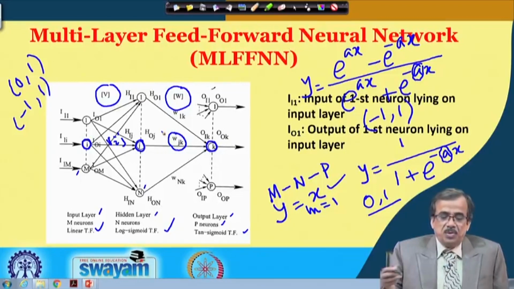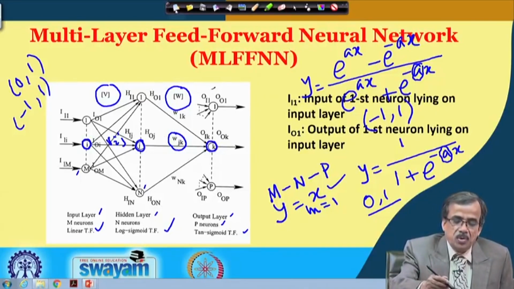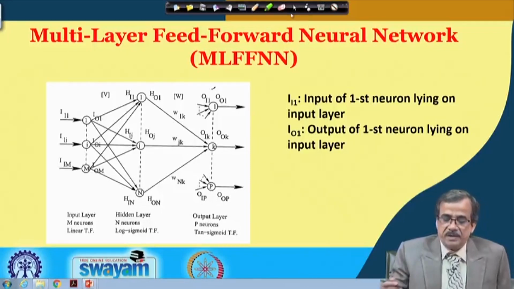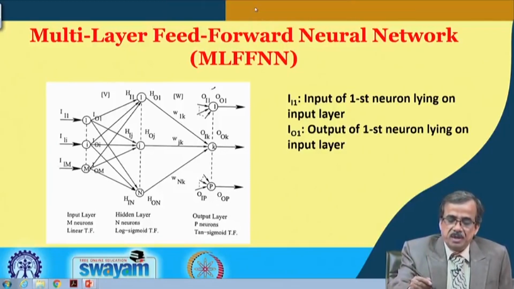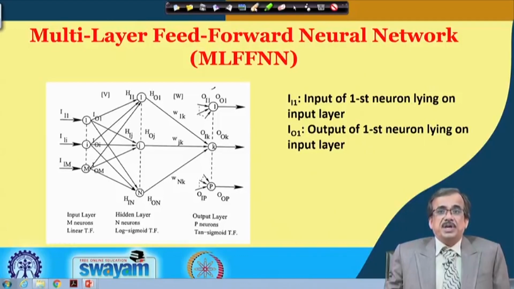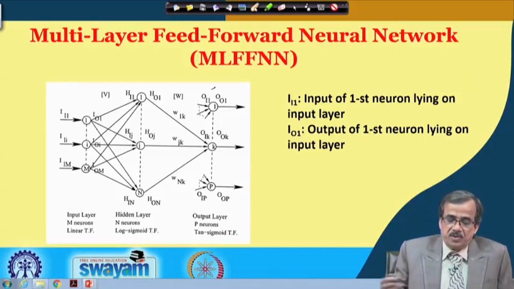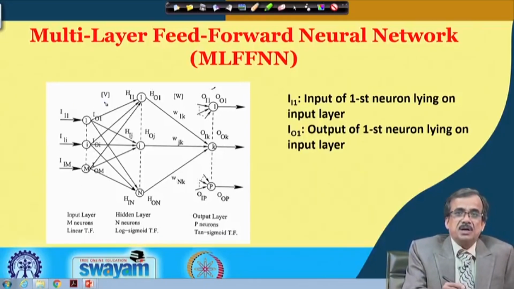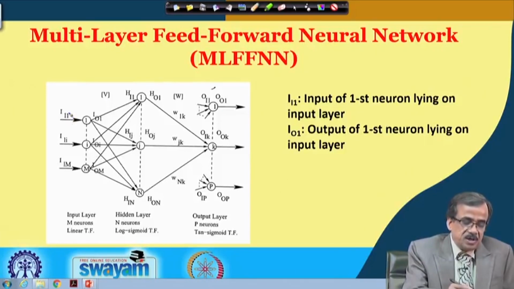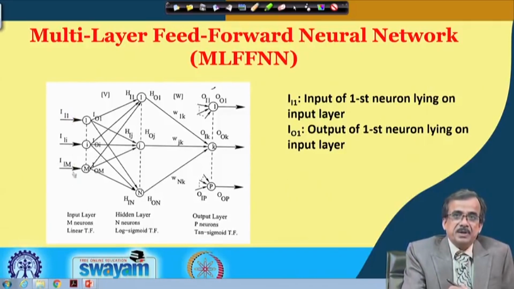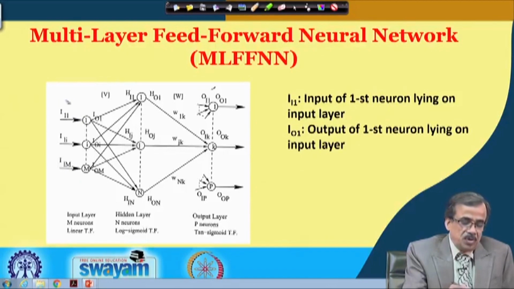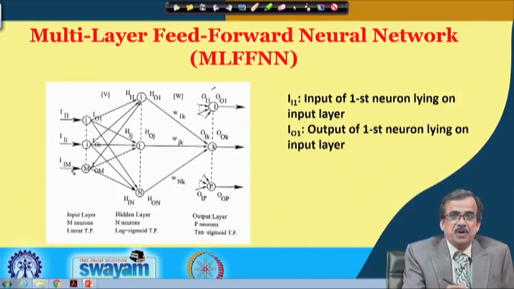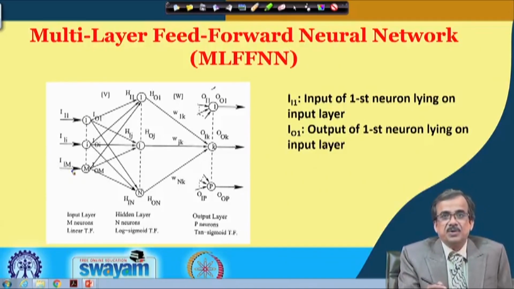Now, I am going to discuss a little bit how to send the inputs to this particular network. Remember one thing: the inputs to the neural networks are sent in normalized form, because different inputs may have different ranges, and if you do not normalize, there could be a possibility that this particular network may not work properly.